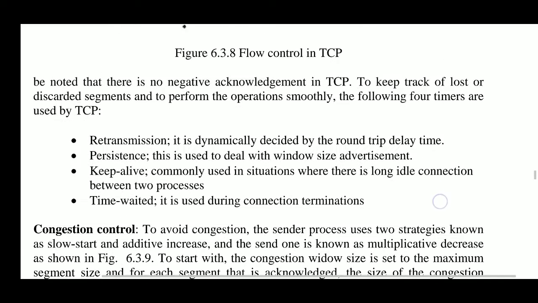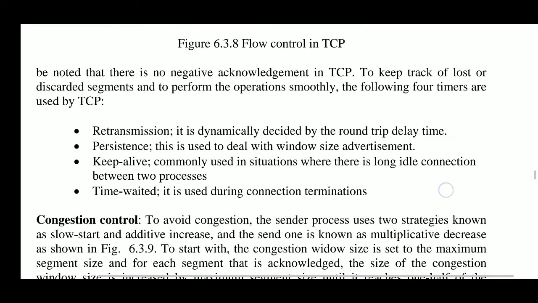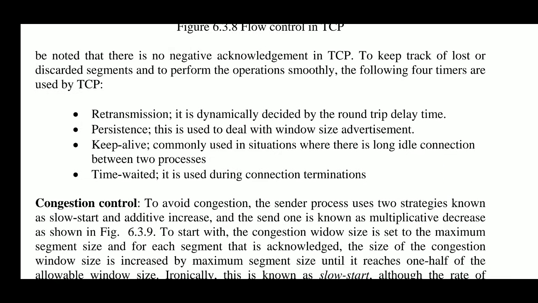So to keep track of lost or discarded segments and to perform the operations smoothly, the following 4 timers are used by the TCP. Retransmission, it is dynamically decided by the round trip delay time. So round trip time, what do you think about the round trip time? It is the time to send the packet from source to destination and from destination to source.